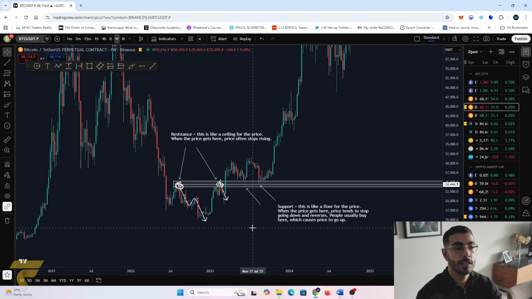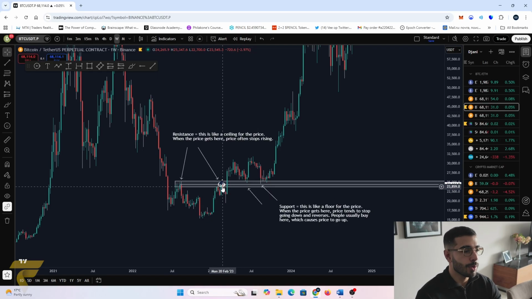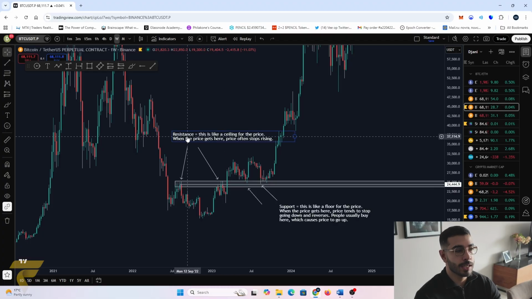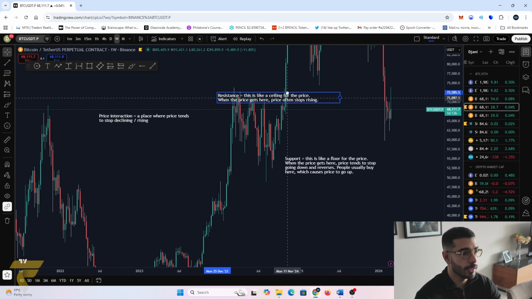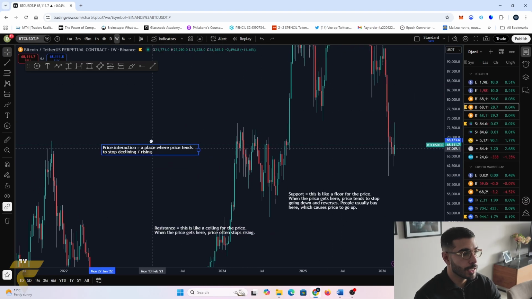So whenever you can translate this to the best of your ability, that's where magic happens. So this is a perfect example where resistance becomes support. And I can most definitely give you a couple of beautiful other examples.